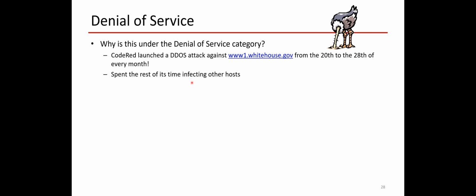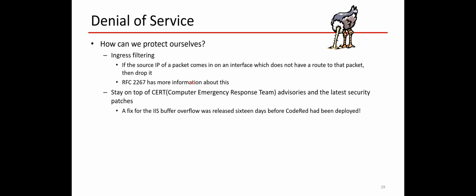So it keeps growing for two thirds of the month, and for one third of the month it keeps attacking the White House. The White House is the number one target because it has a nice defense mechanism and good defenders, and whoever wants to attack tries their mechanism on the White House. If you're caught, you'll pay for what you did.